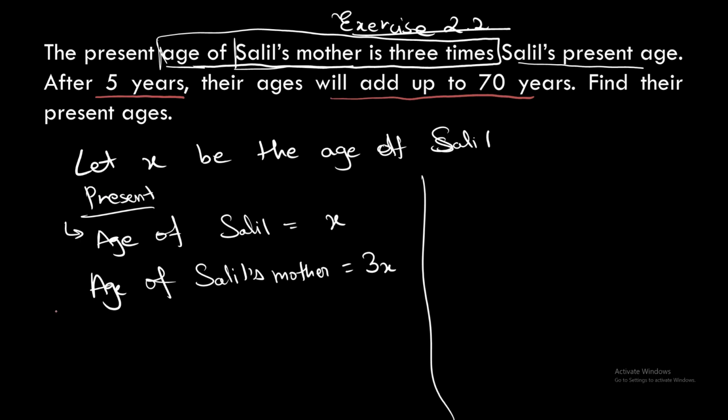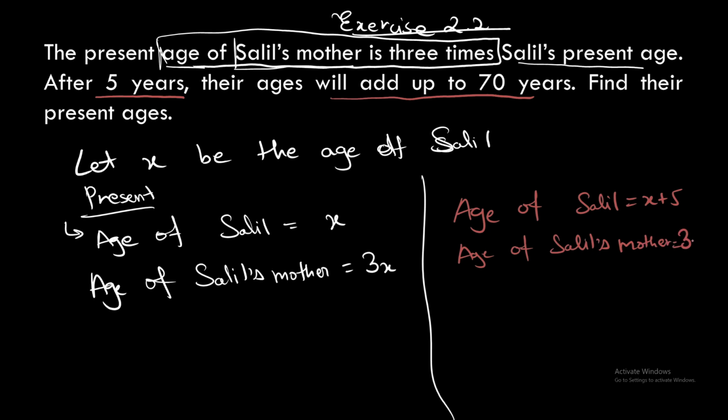So first of all, let's just rewrite this. Age of Salil after 5 years will be x plus 5, and age of Salil's mother is going to be 3x plus 5, and now we can see that there is a polynomial formed, since their ages will add up to 70 years.